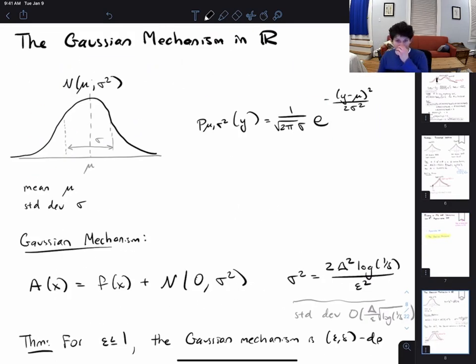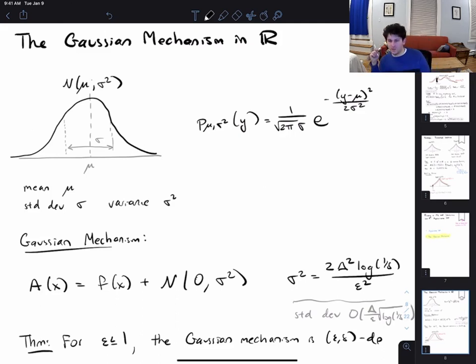Just to refresh your memory, a Gaussian distribution is this classic bell curve, though it appears I've drawn it a bit asymmetrically because I don't have good drawing skills. The distribution is parameterized by a mean mu and a standard deviation sigma. We typically write the distribution N of mu comma sigma squared, sigma squared being the variance.